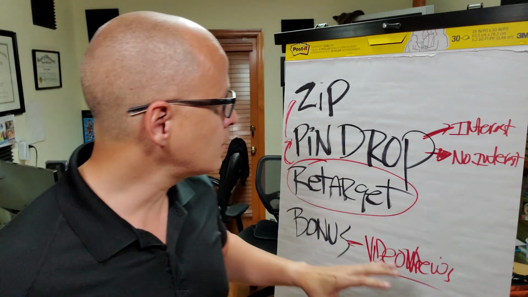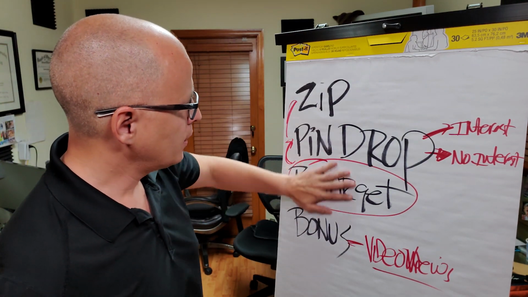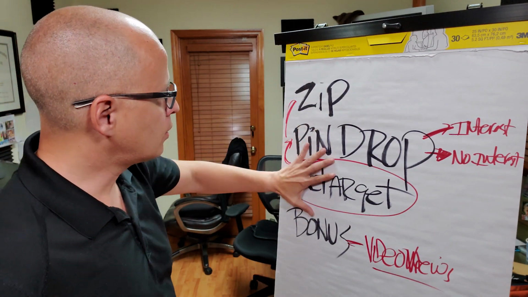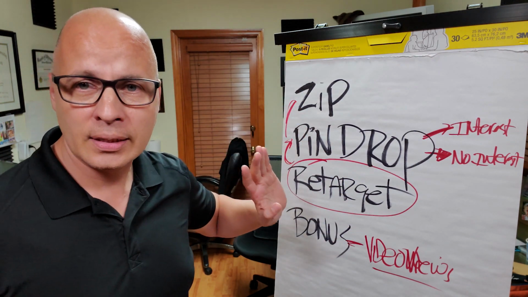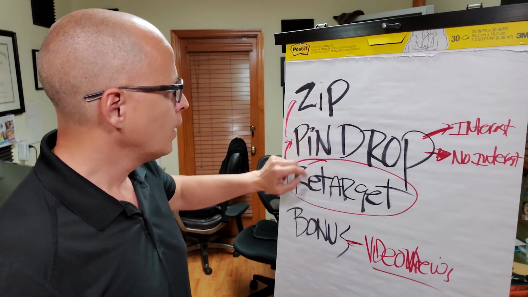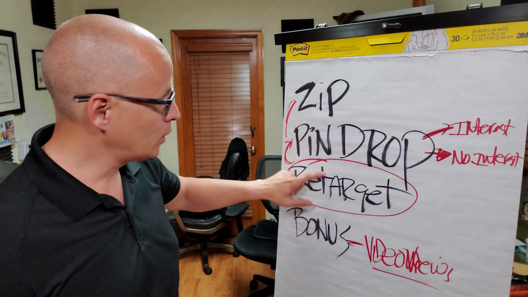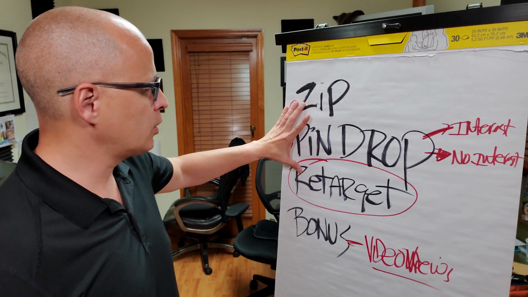And these are what I call the fundamental campaigns. In order of priority, I would say these three. I always suggest you start with zip code. You can also do pin drop if you want, but start with one first. The retargeting campaign should be run as soon as the other one is running.